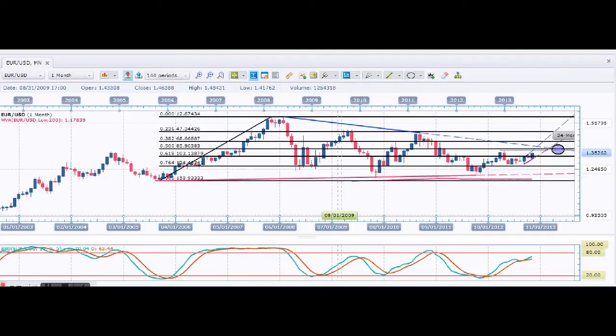Okay, so the distance in terms of pips from this top here to this bottom here is about, it's difficult, but if you can see it, it's about 2000 pips.